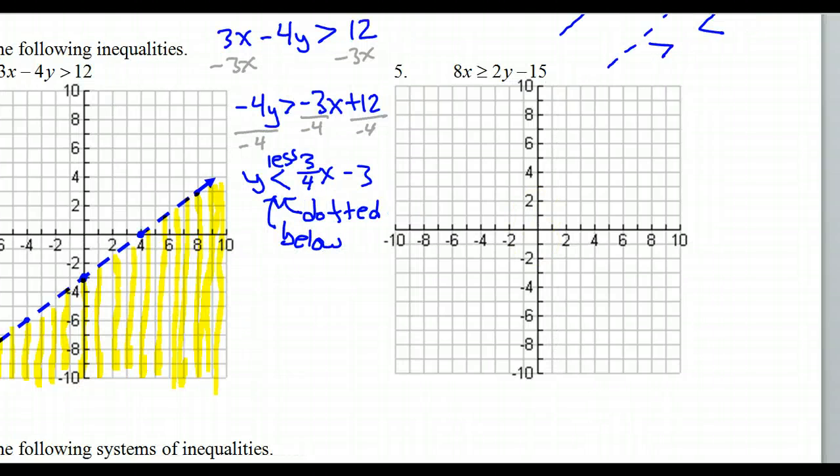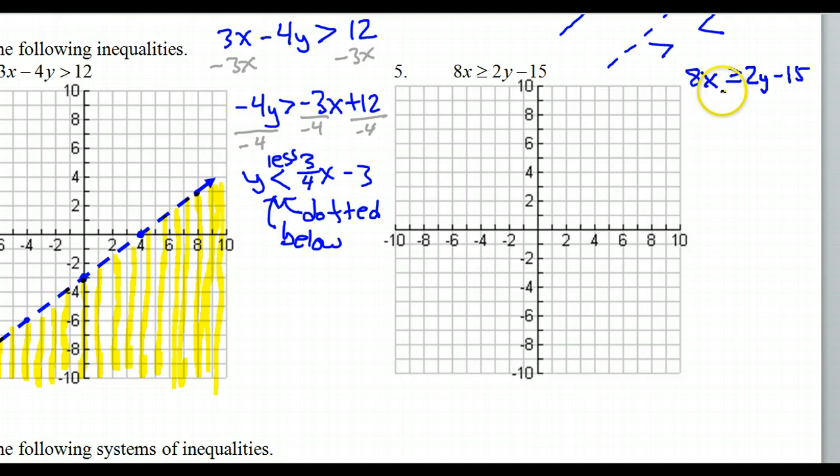Similar, very similar. We have to get y by itself. So we're starting off with 8x is greater than or equal to 2y minus 15. Now, let me tell you something. This y needs to be on the left side.